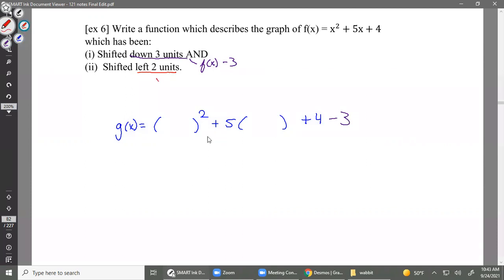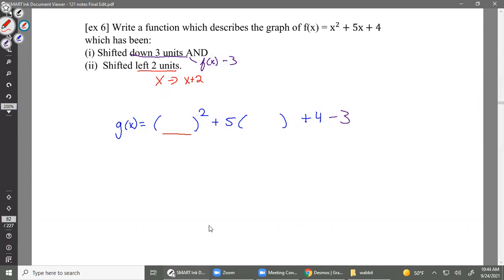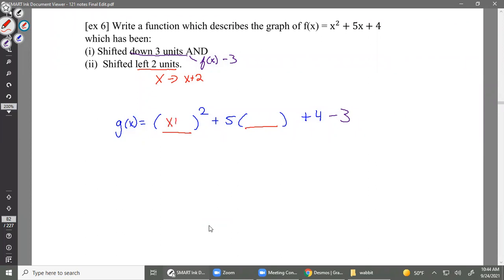So I'm going to take every single x that I had and replace it with x plus 2. I had an x here, and I had an x here. So every single one of them is going to be replaced with x plus 2.